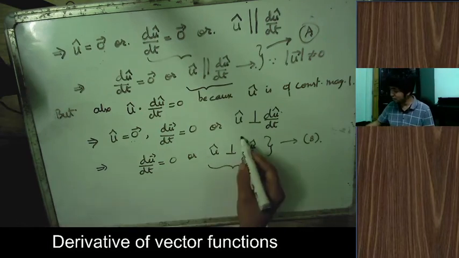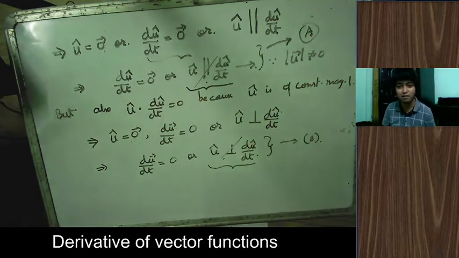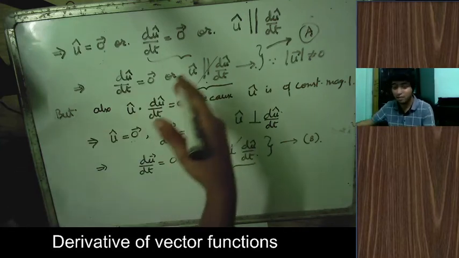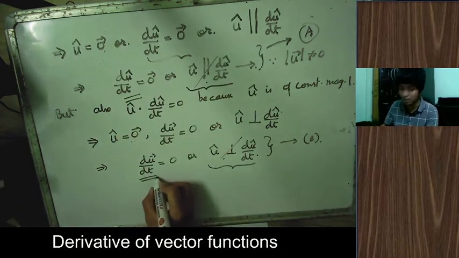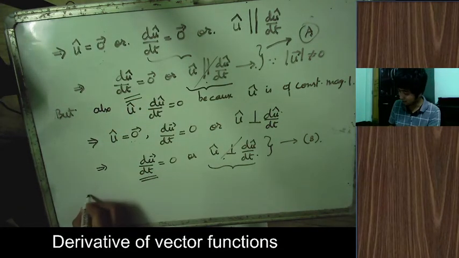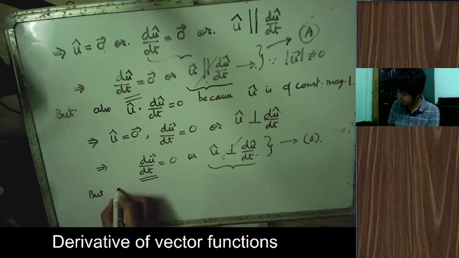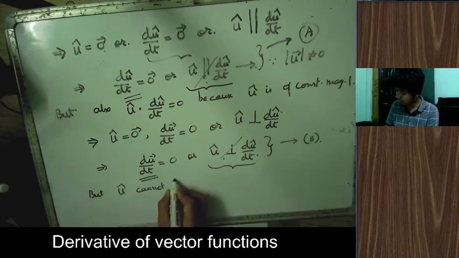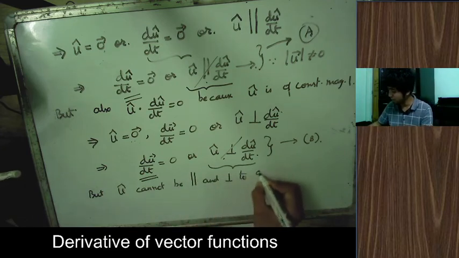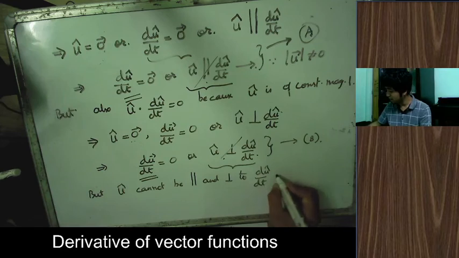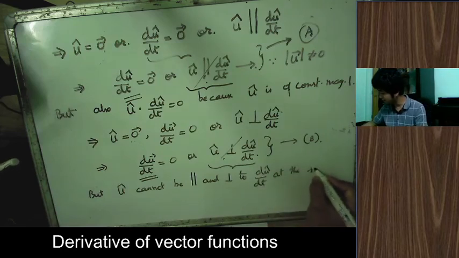So these two cases are ruled out. U bar cannot be parallel and perpendicular to du dt at the same time.